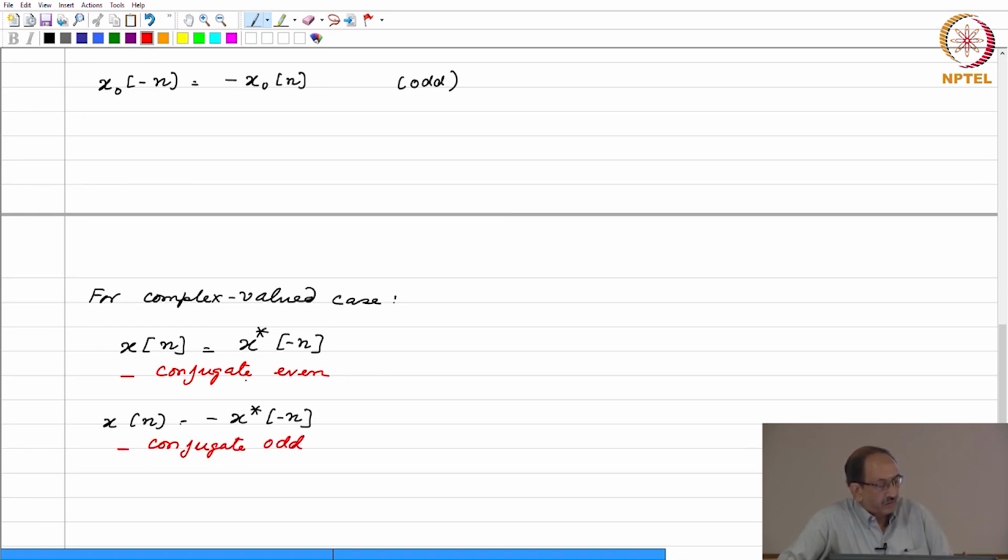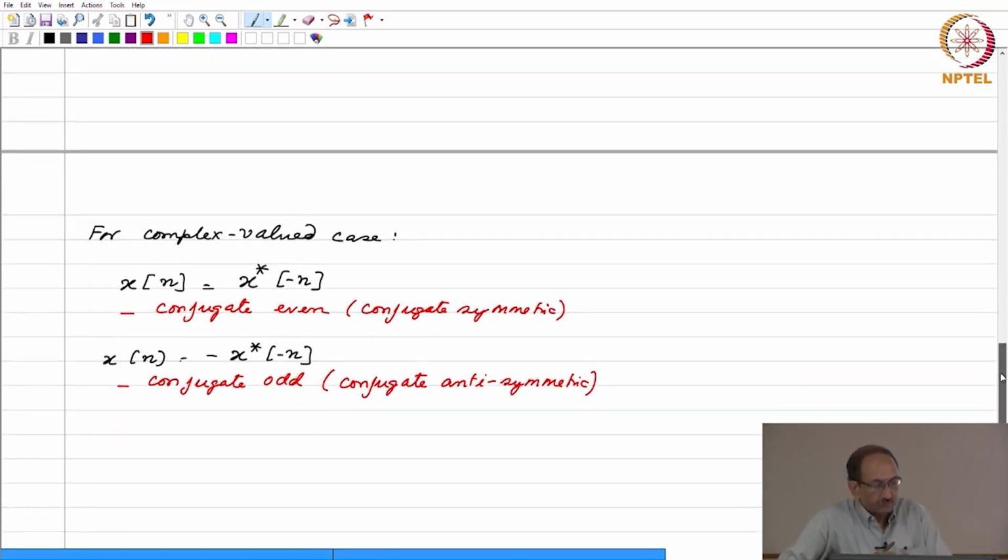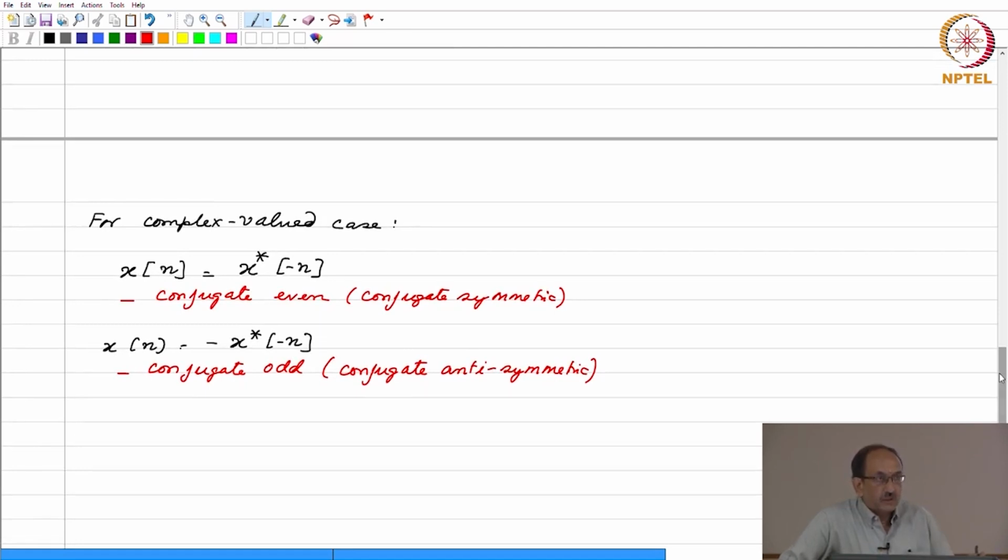The other name that is used is conjugate symmetric, and the term that is commonly used here is conjugate anti-symmetric. Exactly the same definitions you must have seen for the continuous time case.